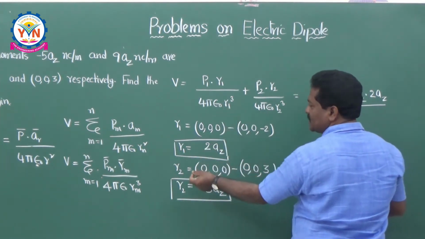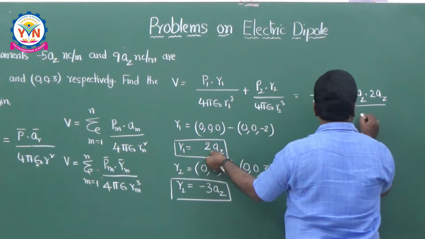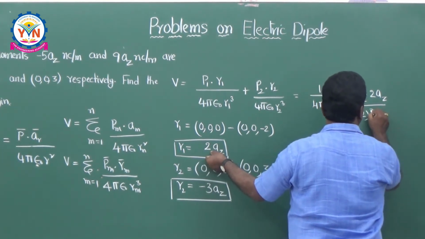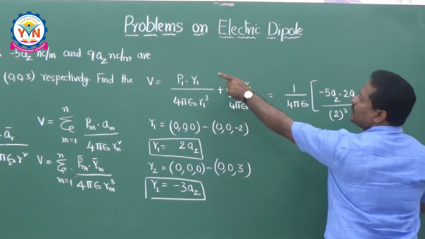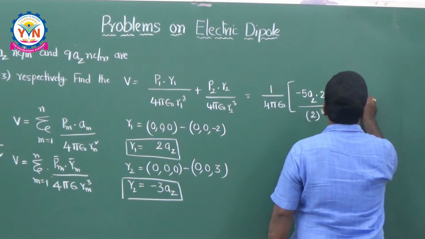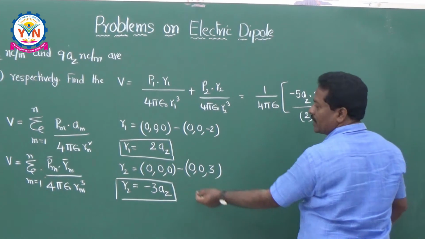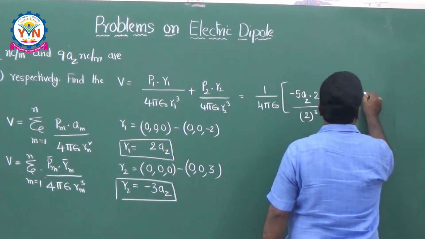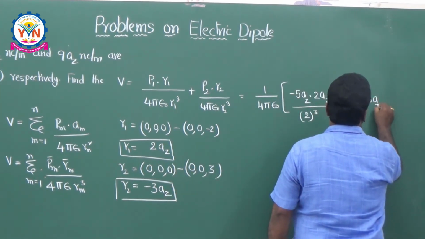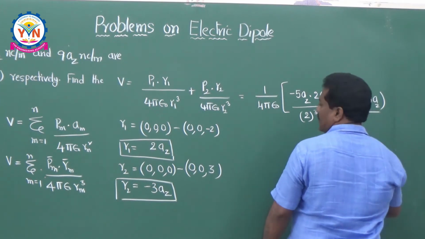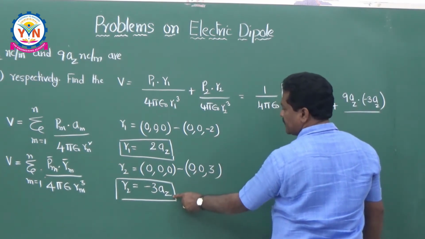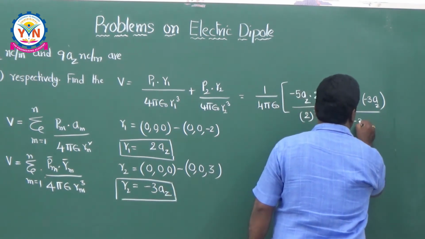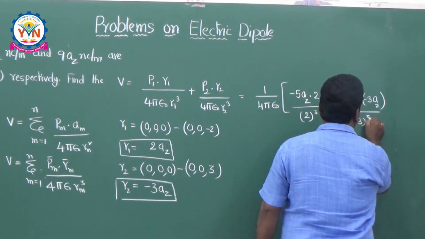The R1 magnitude is 2, and 2 cube means 8. Plus P2. What is P2? 9 Az, dot, what is your R2? Minus 3 Az, divided by R2 cube. What is R2 cube? R2 magnitude is minus 3, whole cube.